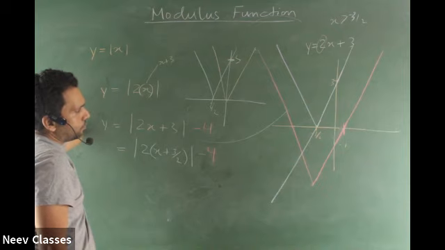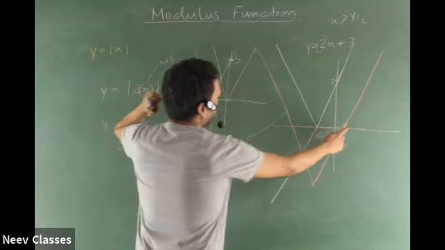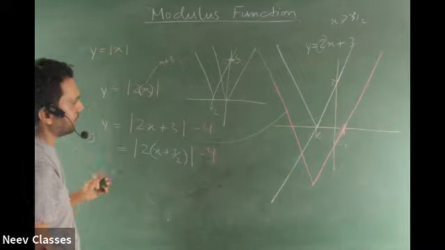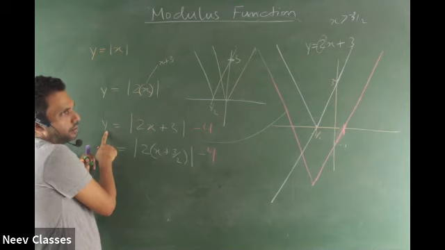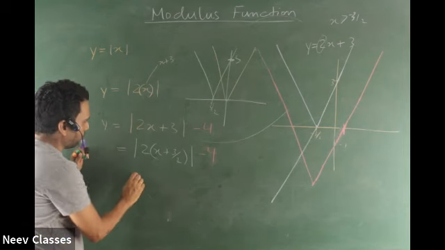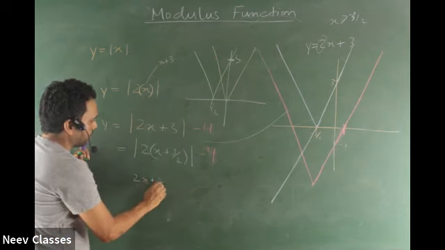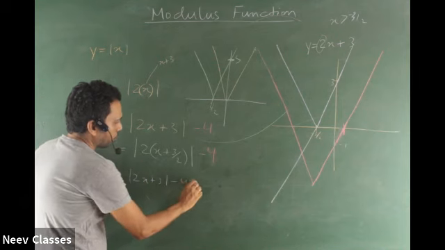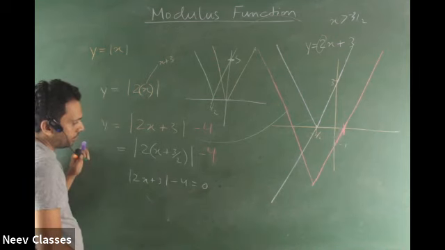So, how to get the x-intercept? As easy as, whichever graph, put y equal to 0. What do you get? You get a tough calculation, which is mod of 2x plus 3 minus 4 equal to 0. What does it mean? Mod of 2x plus 3 is equal to 4.